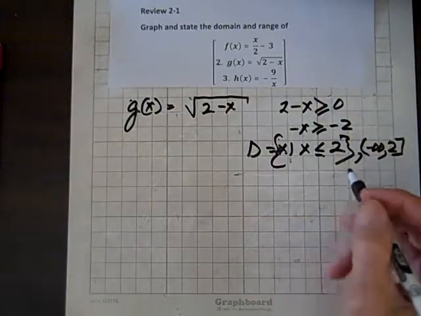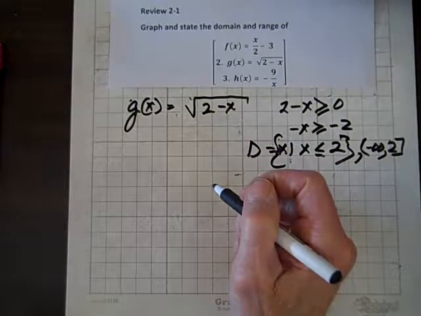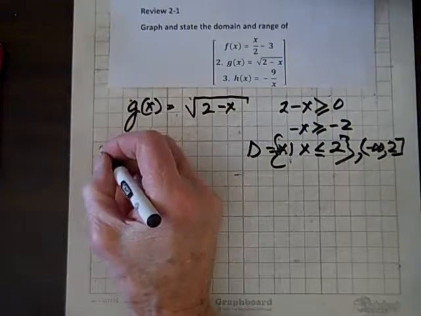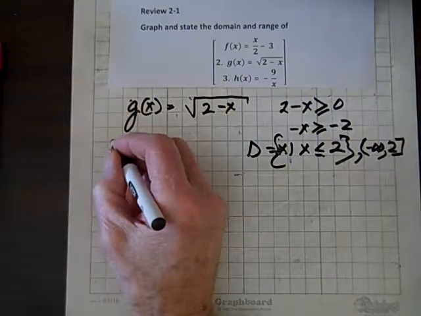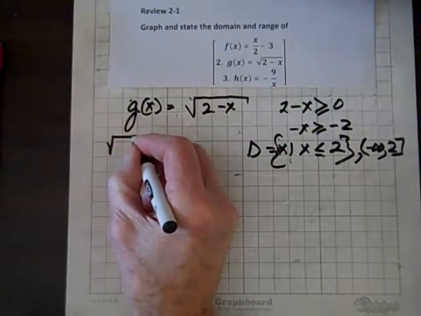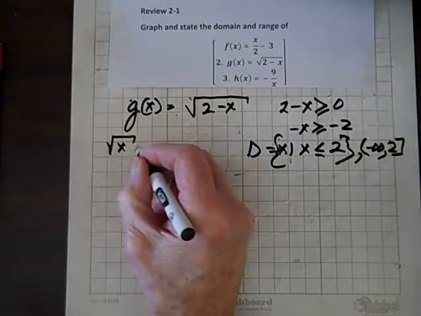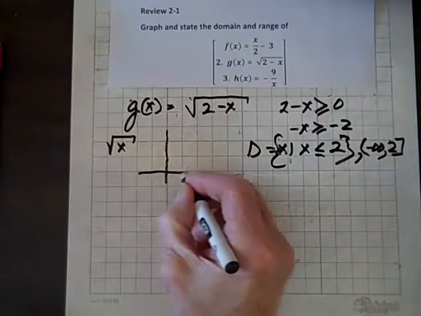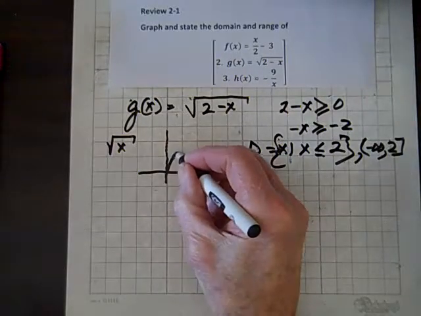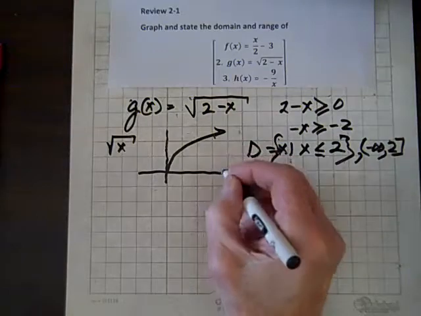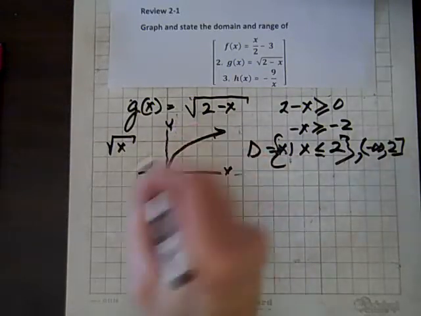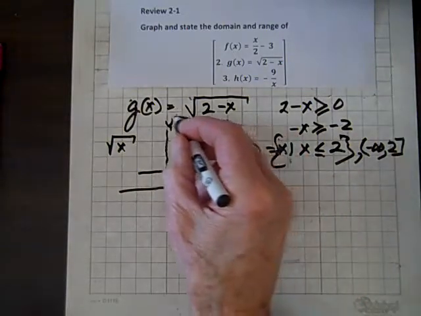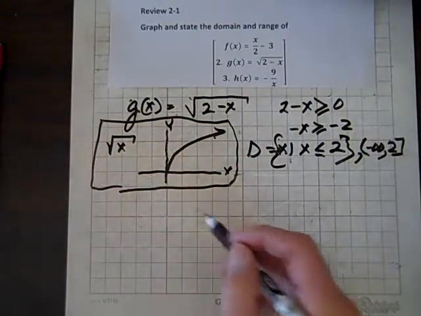Now, let's do the graph of this. I've said in class, the square root of x, if you were going to graph that, it graphs like this. There, that's what it looks like. So any time we have the square root of something, we're always going to get a graph of that form, generally.